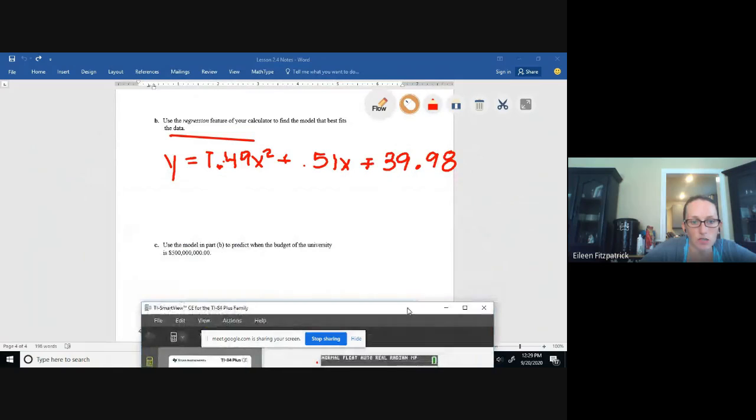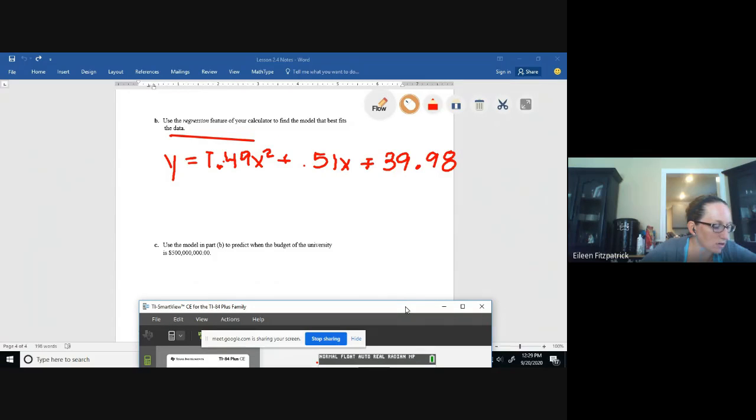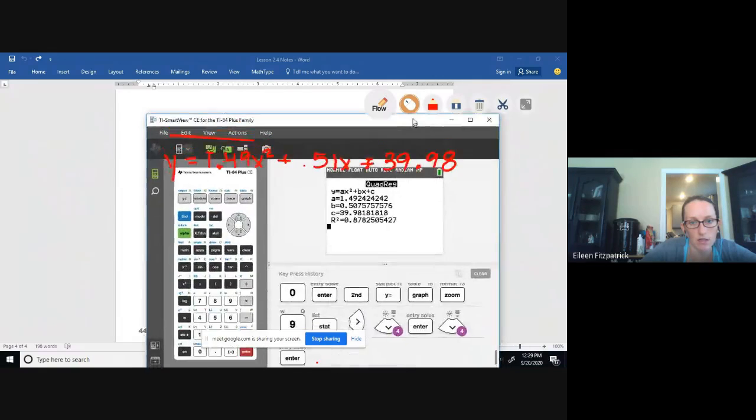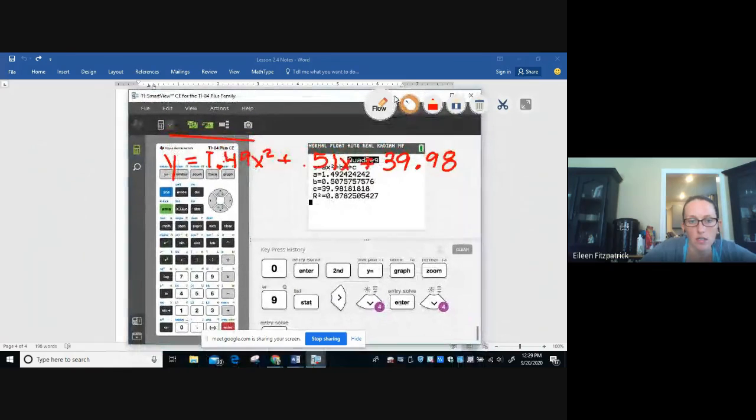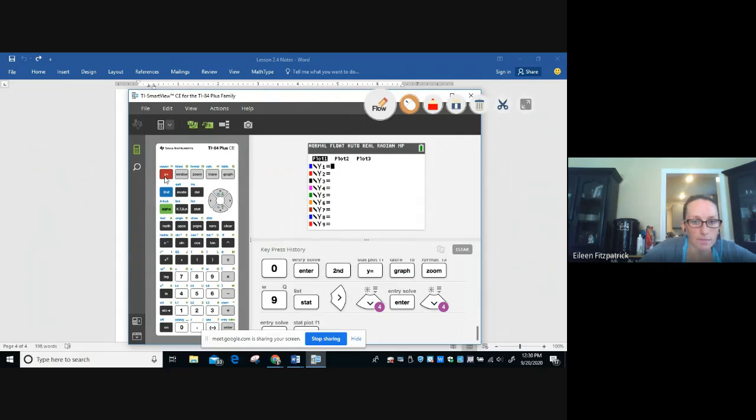And then the last question says, use the model in part B to predict when the budget of the university is $500 million. Okay, so we can use a graphing calculator. At this point, we're just going to use a graphing calculator because we are not going to do a lot of factoring right this second. So what I'm going to do is delete that. I'm going to go to y equals. I'm going to type in the equation that we just wrote on our paper.